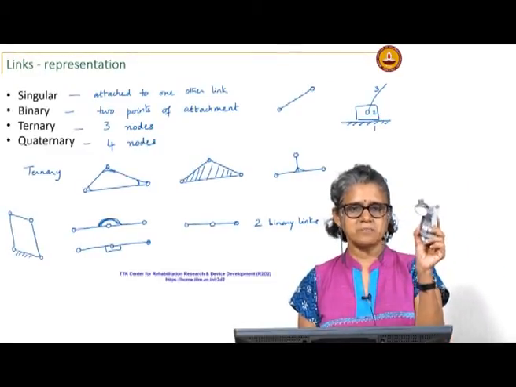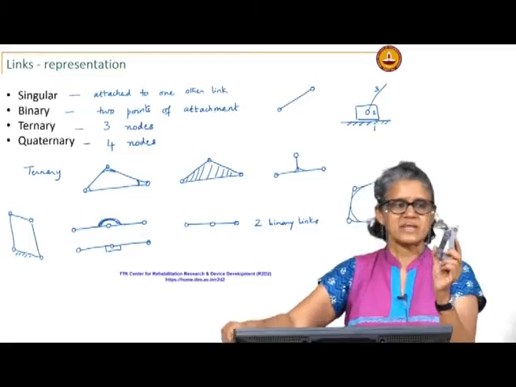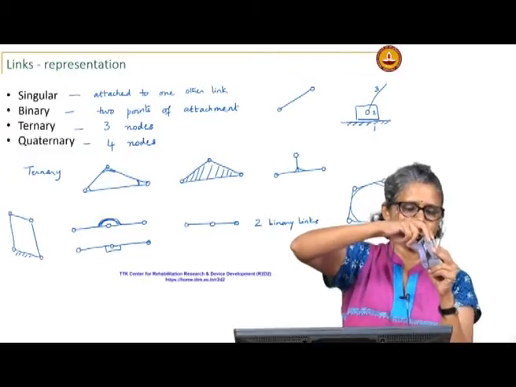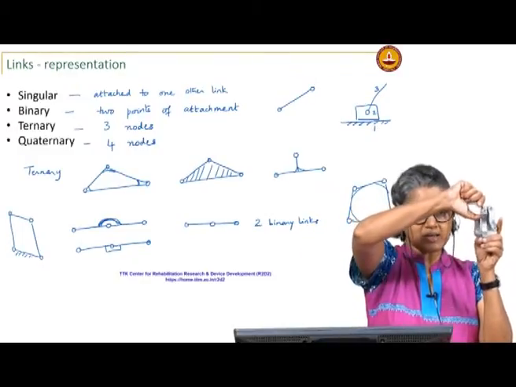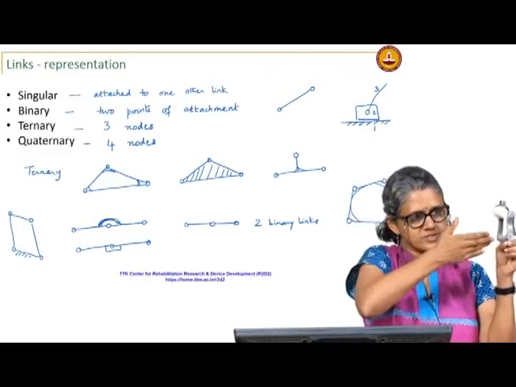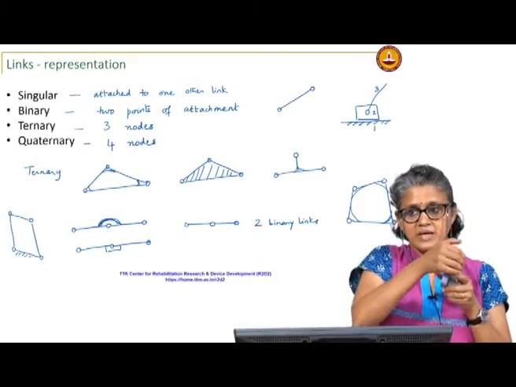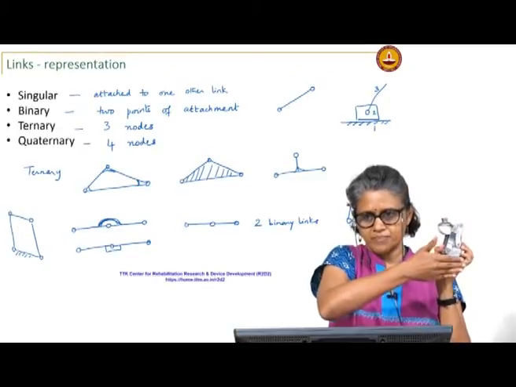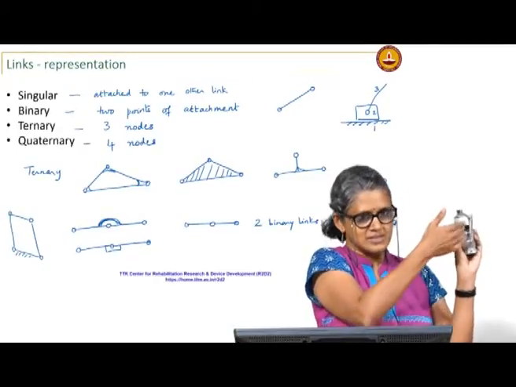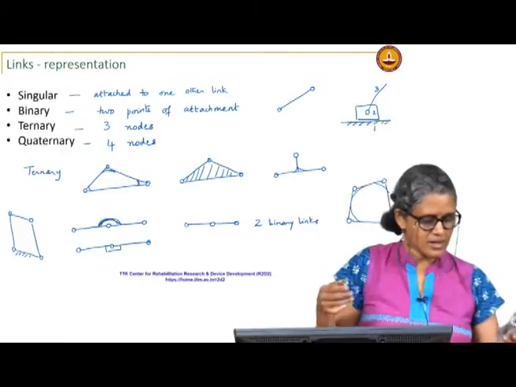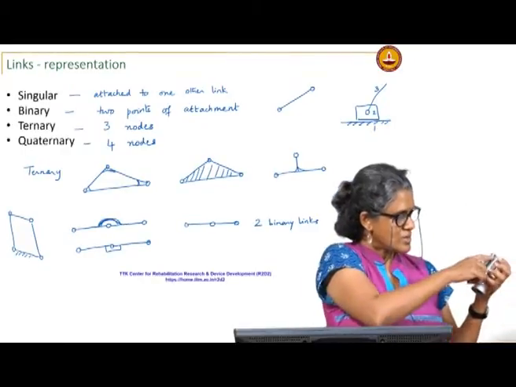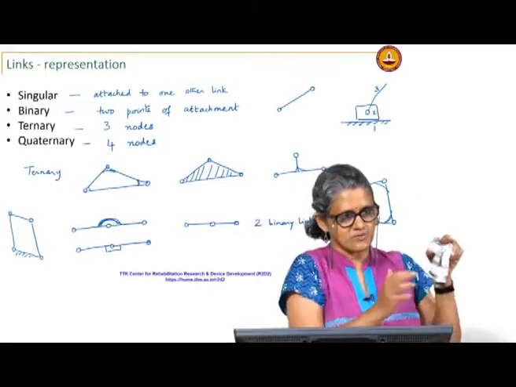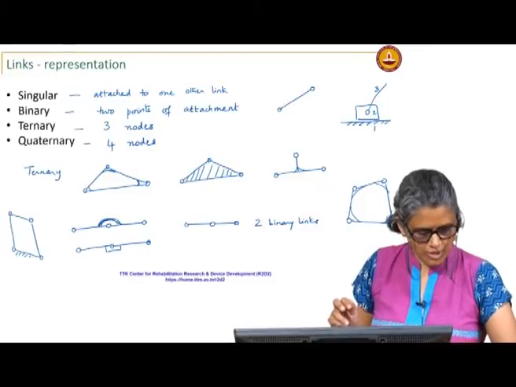That would be the representation of this mechanism, but every point on every link, regardless of its shape, will move in parallel planes as the mechanism moves. That is what makes this a planar mechanism, and therefore, you will only count the links in the plane. You are not going to be counting these extra links, so the only thing responsible for the kinematics of this mechanism in the plane is this set of links. So, you only call this a 4 bar.